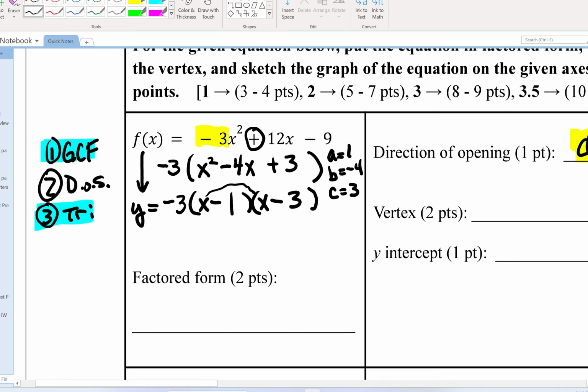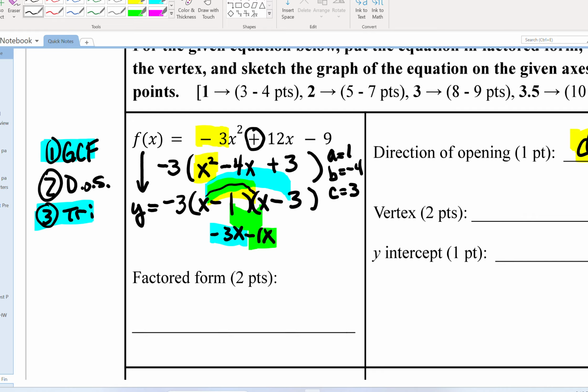And once again, I'm just going to show how we would check this. x times x would give me x squared. Yes, that right there. x times x is x squared. And then x times -3 would give me -3x. And then x, -1, I've multiplied x by each of those. -1 times x would give me -1x.